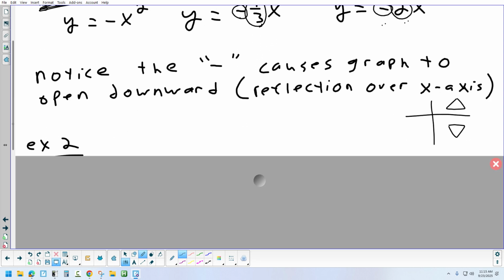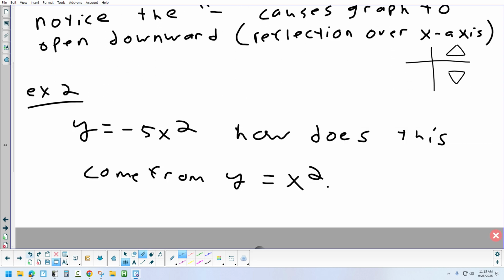Okay, so now we want to take a look at this problem. And it's asking us how we can get that graph starting with that graph. So the first thing I want to make sure we understand is how many things you have to do to this to change it to that.